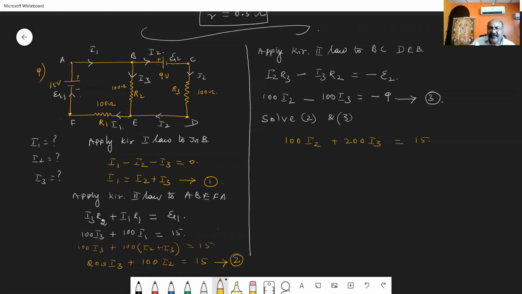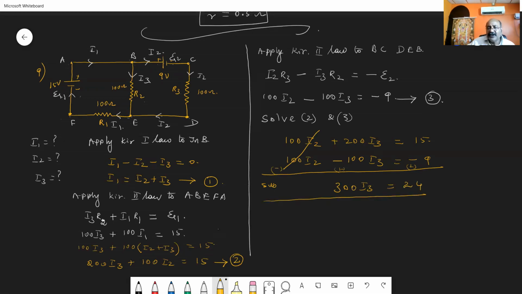Then the third equation: 100 I2 minus 100 I3 equal to minus 9. So we have to subtract: minus, plus, plus. So the I2 term will get cancelled, and I get 300 I3 is equal to 24.